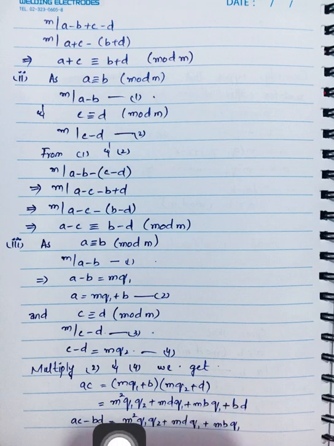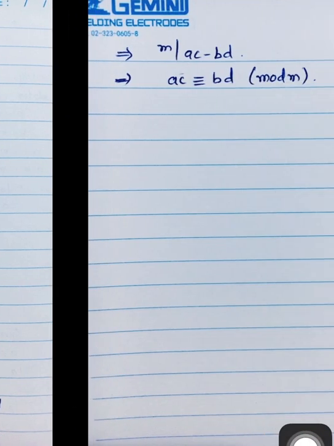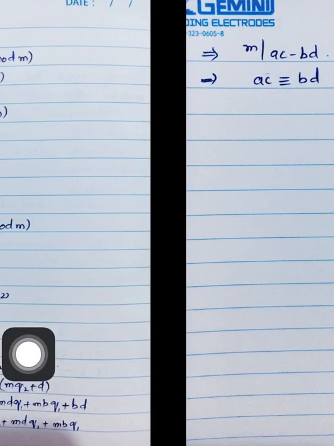Now arranging this, taking BD from the other side of the equation, AC minus BD equals M square Q1 Q2 plus MDQ1 plus MBQ2.